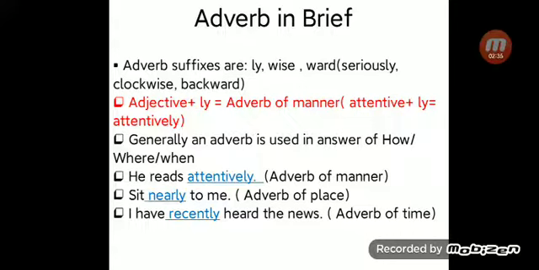Sit nearly to me, adverb of place. I have recently heard the news, adverb of time. The words attentively, nearly, recently are also added suffixes, ly and ly.